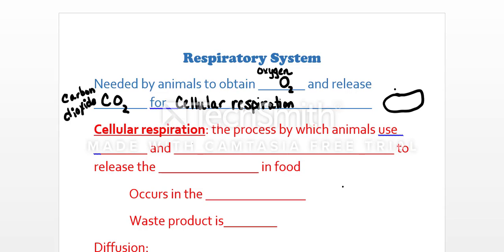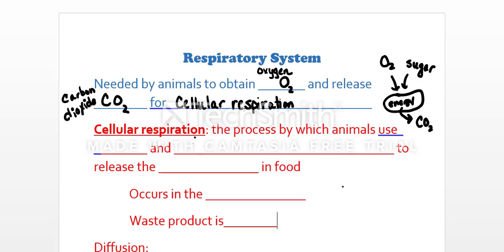And our cells take in oxygen and a blood sugar called glucose, and they bring them in to make energy for the cell. And in the process of making energy, carbon dioxide is released as a byproduct, and it's toxic in high concentrations in our body, so we have to get rid of it.